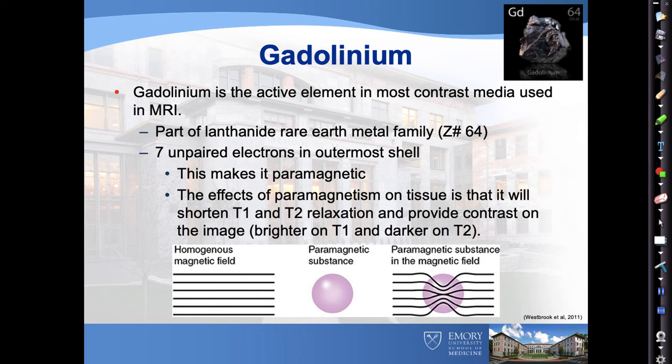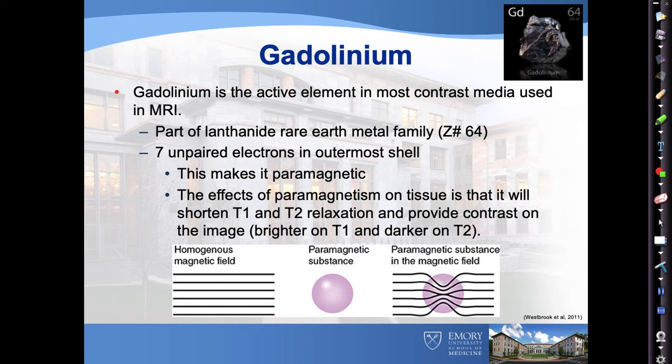Gadolinium is the active element in most contrast media used in MRI. Gadolinium is part of the lanthanide rare earth metal family. It has an atomic number of 64. It has 7 unpaired electrons in the outermost shell. This is what makes it paramagnetic.